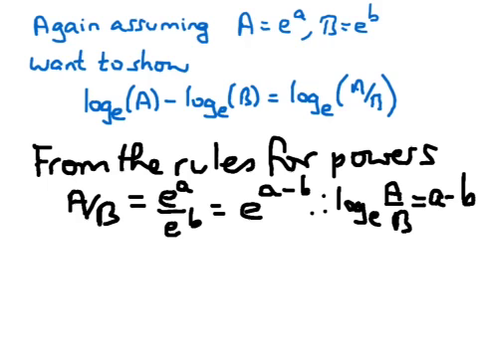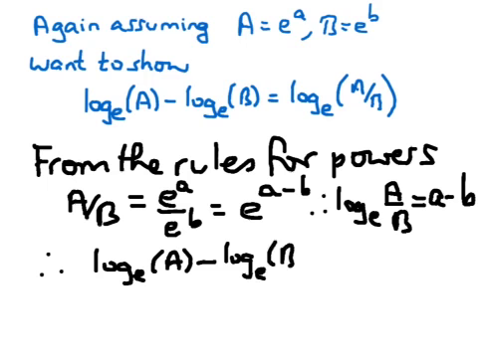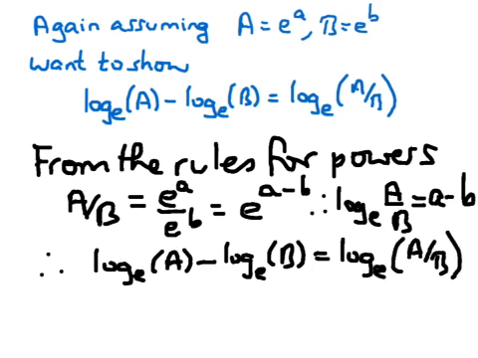So it therefore follows that we can write the logarithm to the base e of big A minus the logarithm to the base e of capital B is the logarithm to the base e of A divided by B, because from here we would have little a, and using this, substituting it into here, we would have little b.